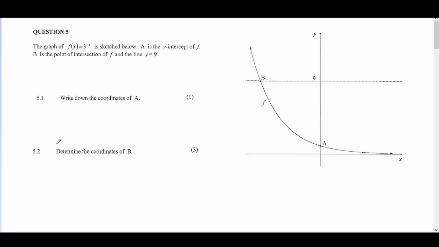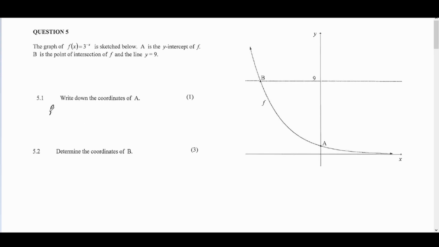First question: write down the coordinates of A. A is our y-intercept that was given to us, and to get the y-intercept, we make x equal to 0. So if x equals 0, we know that x is 0 there, so that's our x coordinate already.